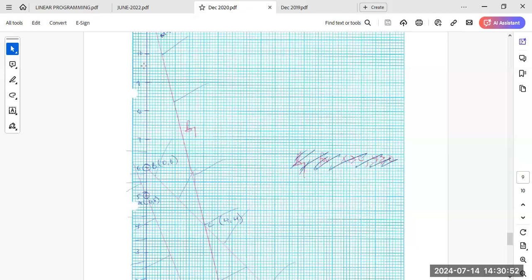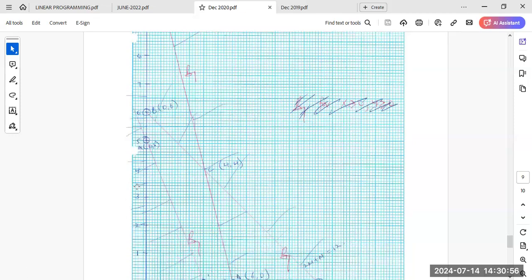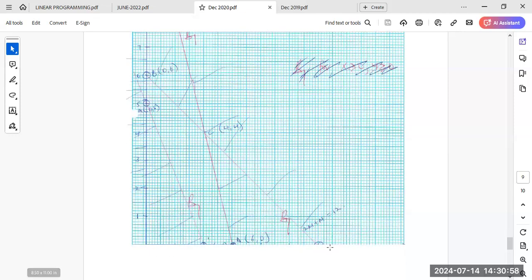Now I want you to put a vertical axis like this, and then you will also put a horizontal axis down and plot. Like now here, this is my starting point.